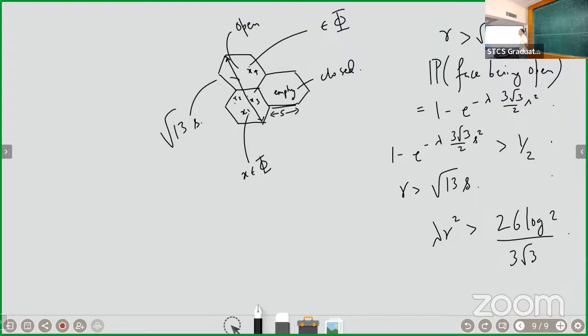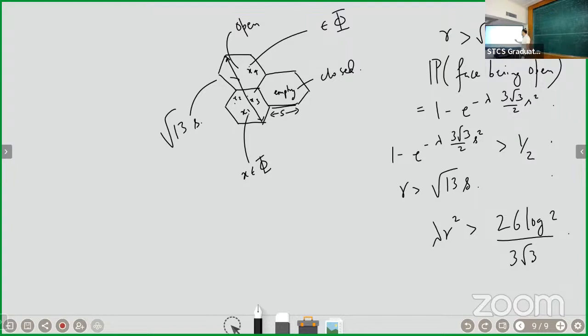But this is only giving you a sufficient condition. So it doesn't preclude. If you pick a larger R, possibly there is percolation which is not being captured, right? Yes. But you can alternatively show that there is coupling of the order that if this increases, the percolation probability will increase. That you can show separately.